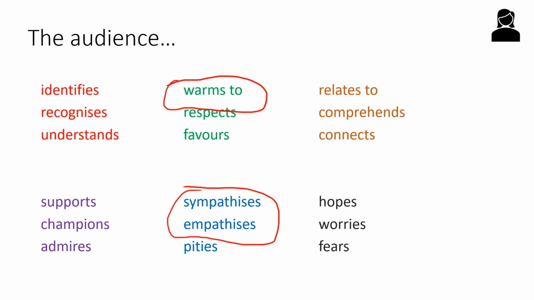Now I think that's quite important, because by making us warm to the nurse, what Shakespeare's then doing is creating the opposite reaction with Lady Capulet. And that's quite a telling point. So the audience will like the nurse and dislike Lady Capulet.